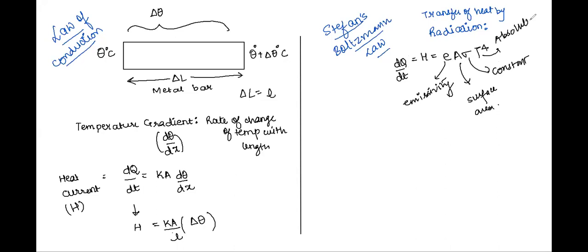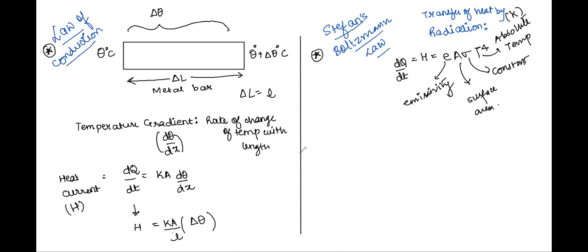What is absolute? Absolute means value in Kelvin. Any temperature reported in Kelvin is called absolute. So I think these are a few laws which should be known by all of you in order to understand the concepts or the questions which I have sent to you all.